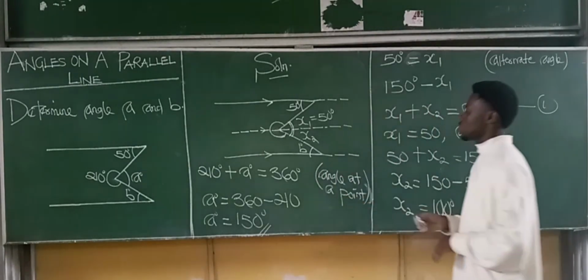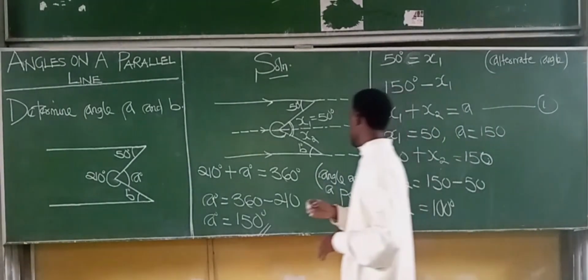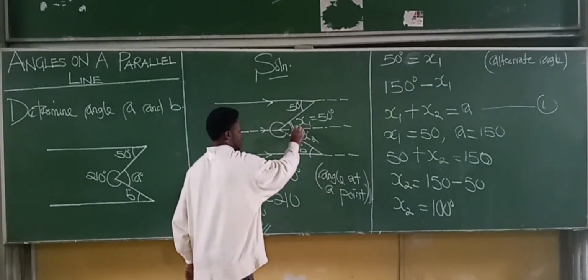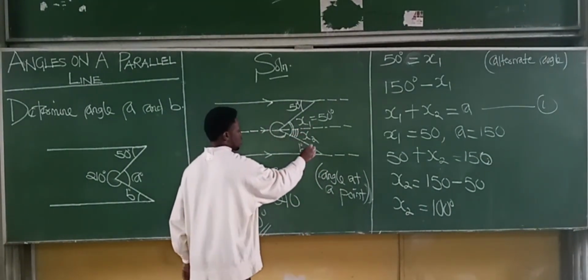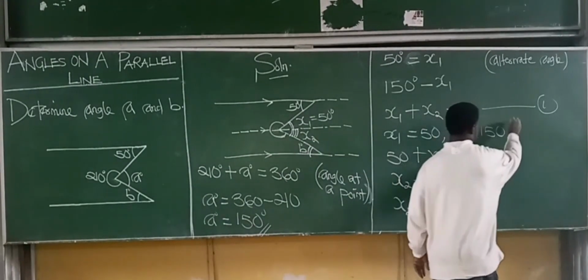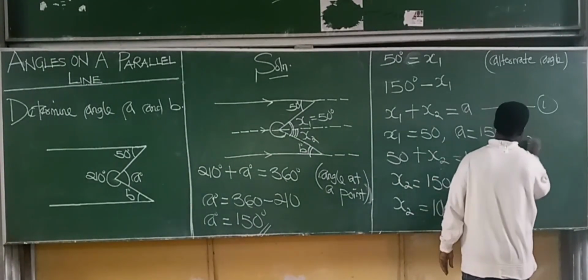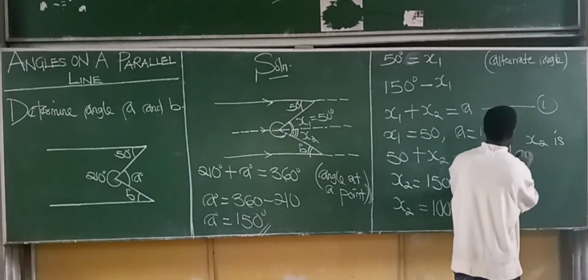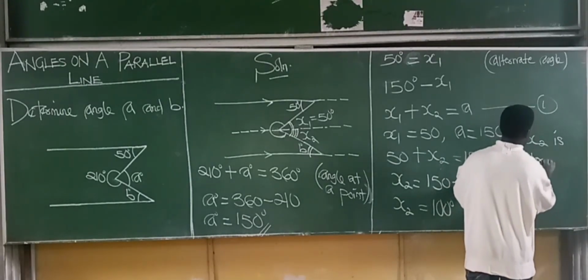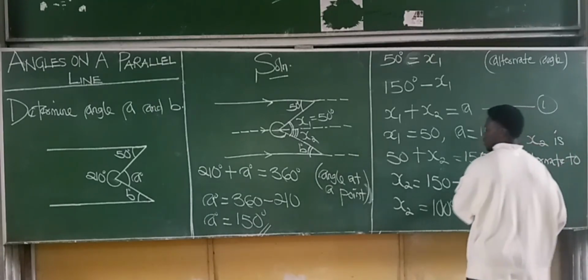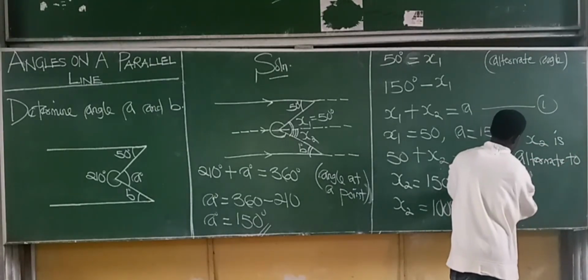So since x2 has been determined, we can simply say that x2 is alternate to B degrees.